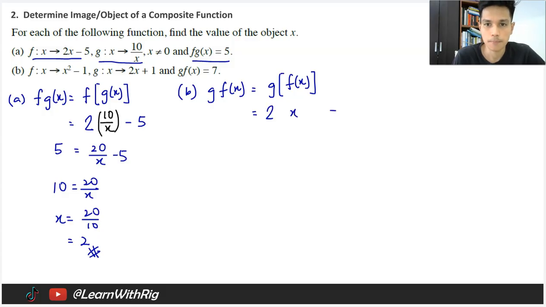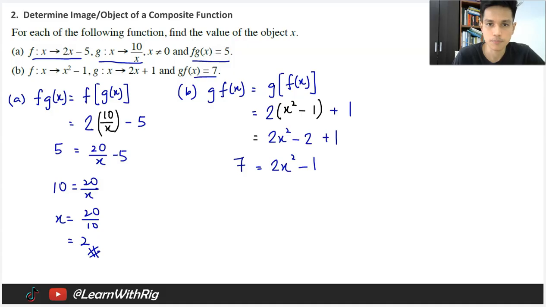2x plus 1. But now instead of substituting x, it's going to be f(x), which is x squared minus 1. Okay, so you're going to expand this and you will get 2x squared minus 2 plus 1. So 2x squared minus 1 is equal to 7, right?